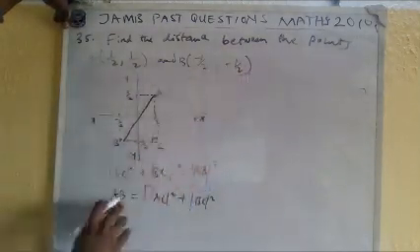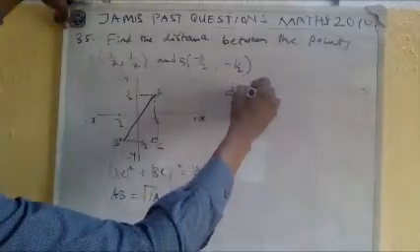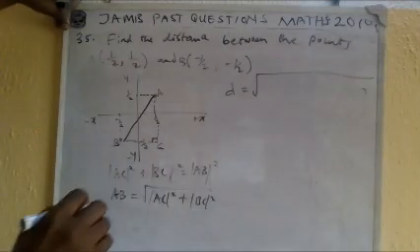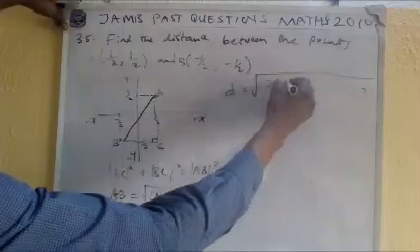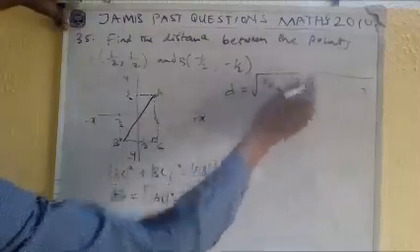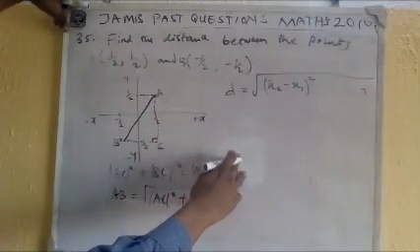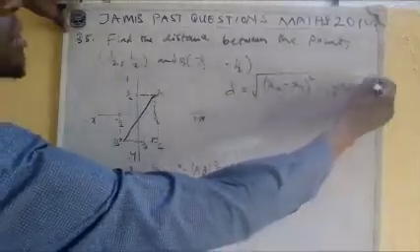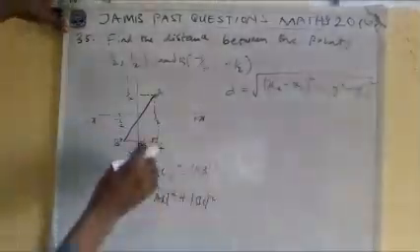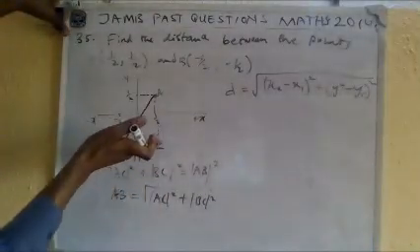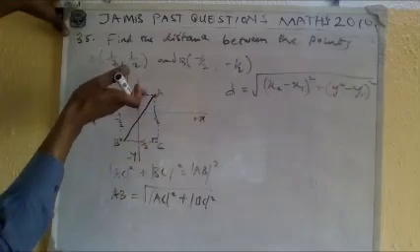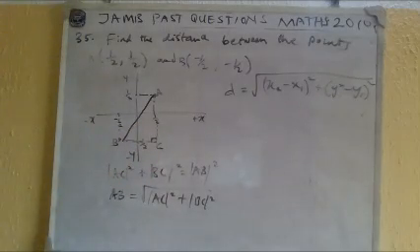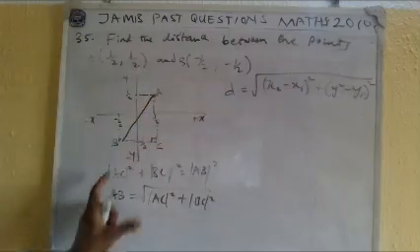Okay, so this AB distance now is equal to the square root of (x2 minus x1) squared plus (y2 minus y1) squared. So we are looking at the y difference and the x difference. Anytime you see something like this, you understand this is how I derived it.